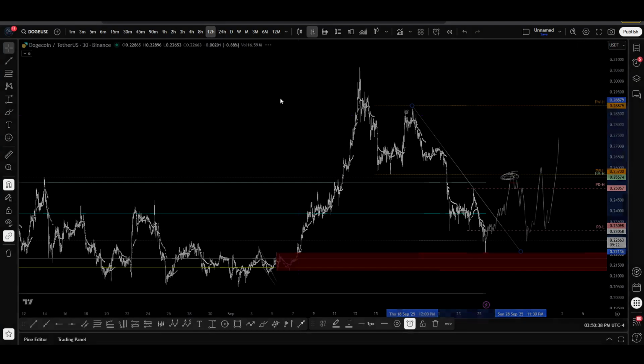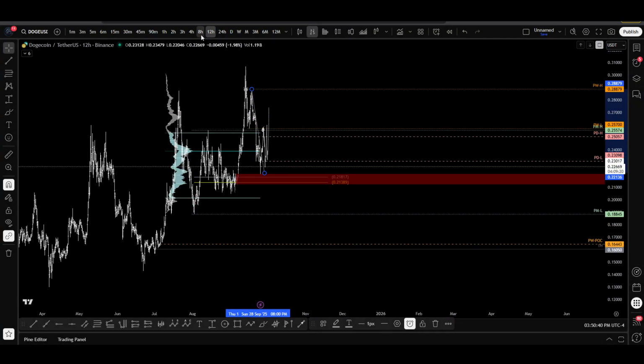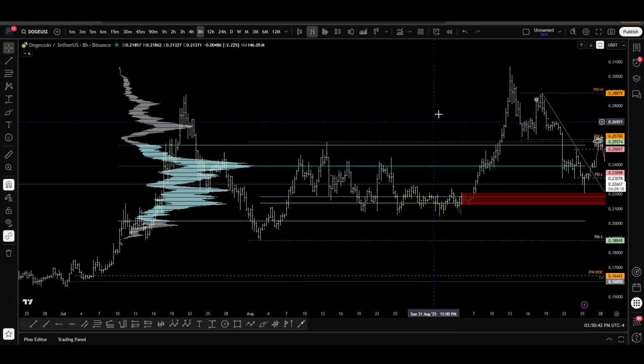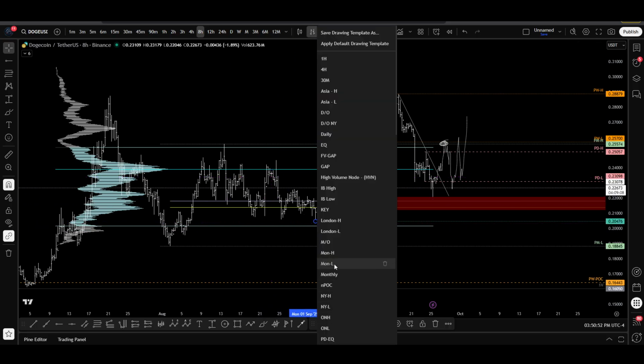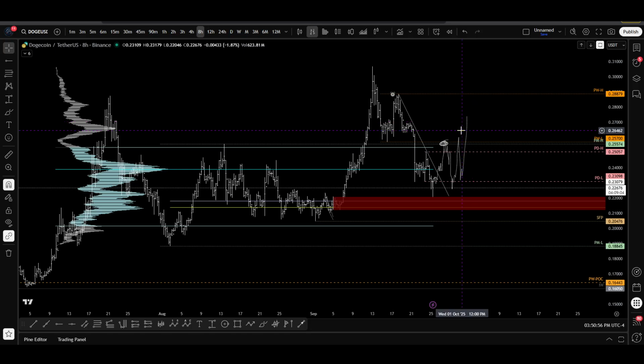kind of neutral on Dogecoin. Can't really say I'm bearish because we already came down so much. All right. But I would not be surprised to see price continue down a little bit lower, possibly take out this low down here, right? Little SFP. Go ahead and delete this for now.